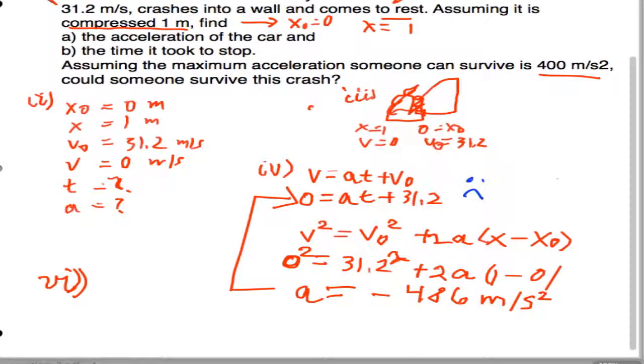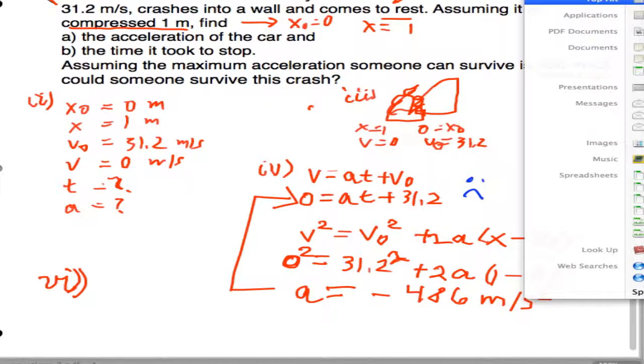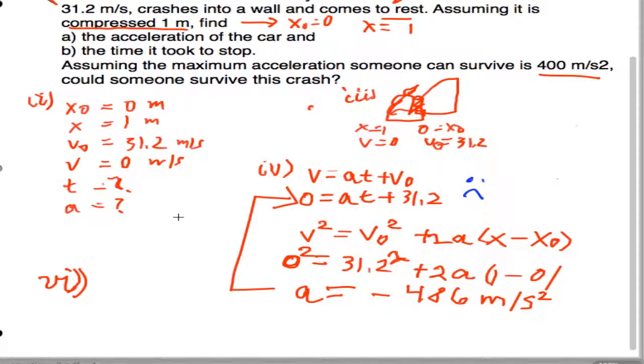And when you do that, the answer you'll end up getting is about 0.064 seconds. About 64 milliseconds, which actually is a typical crash time. So it's kind of cool that we can watch a YouTube video and get a decent answer on a number like this. So that's the outline of the solution to this problem. And I'll actually post this up on Schoology in the next couple minutes.